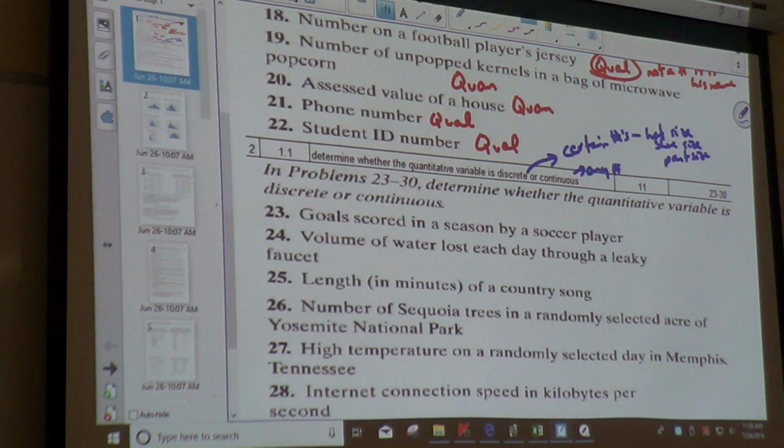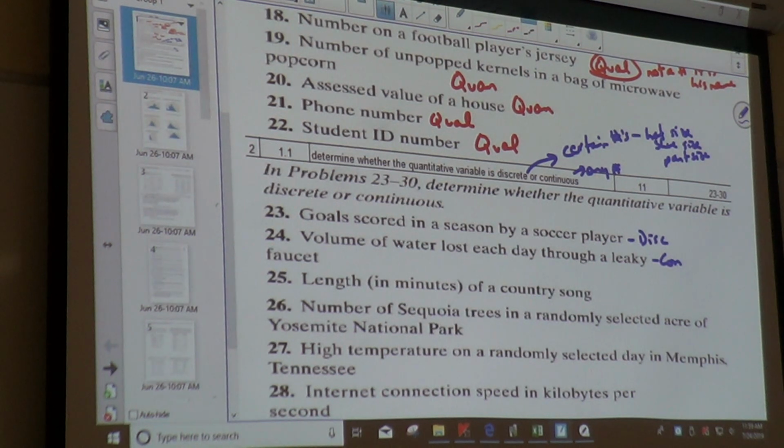So goals scored in a season. That one is discrete. You can only score 1 goal or 2 goals or 3 goals. You can't score 1.279 goals. So that one's discrete. Volume of water lost each day through a leaky faucet. Continuous. That one is continuous.